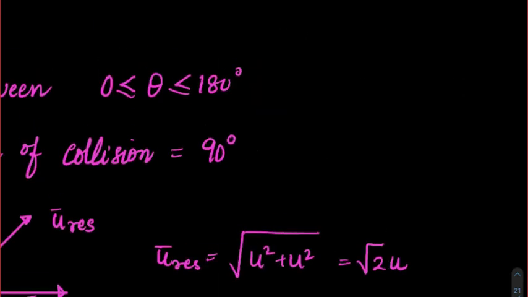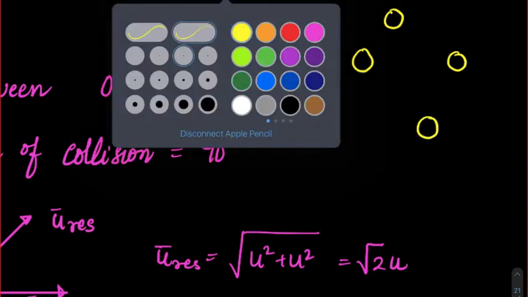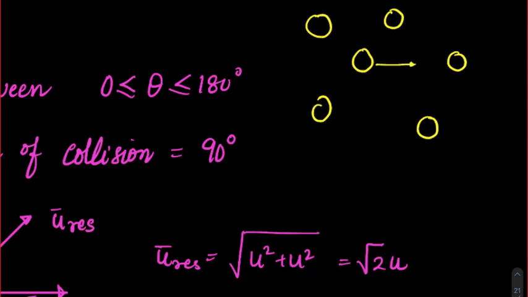Suppose let me take 2-3 particles here, in all different directions. Suppose these two are colliding, and these two are colliding, and this is a reference particle. This is coming from here, this is coming from here.